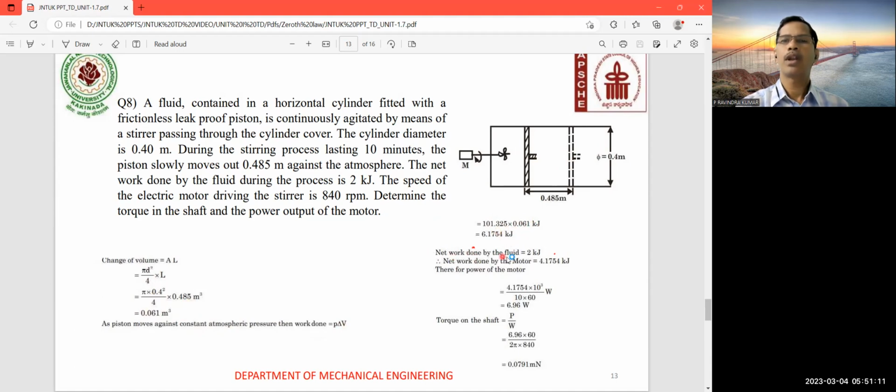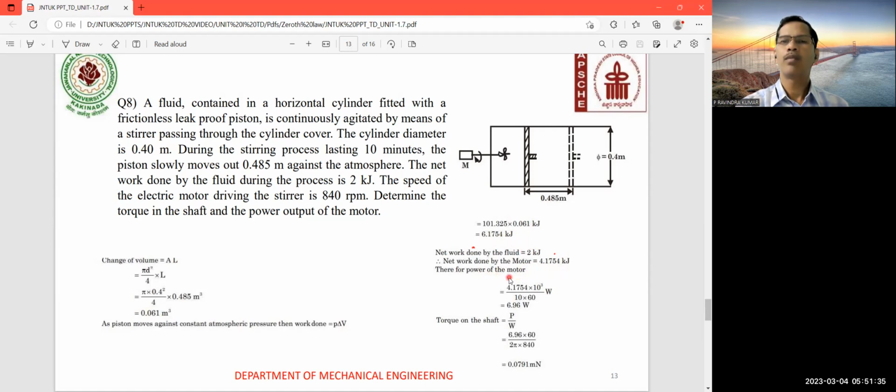But the net work done by the fluid is 2 kilojoules, and the net work done by the motor is: the total work, where the piston moves, 6.175 minus 2 kilojoules. You will get the net work done by the motor as 4.175.